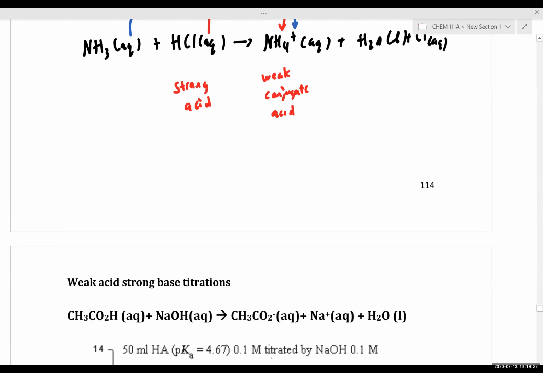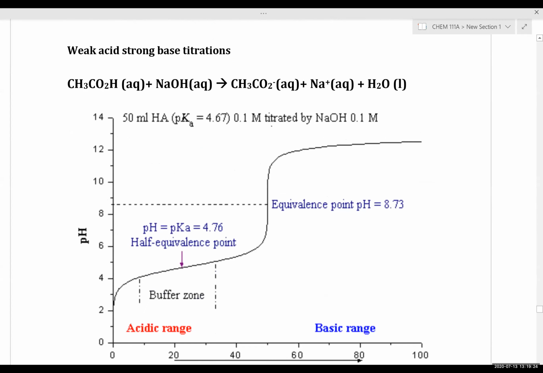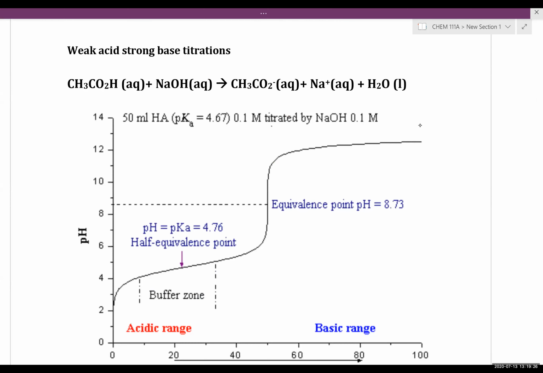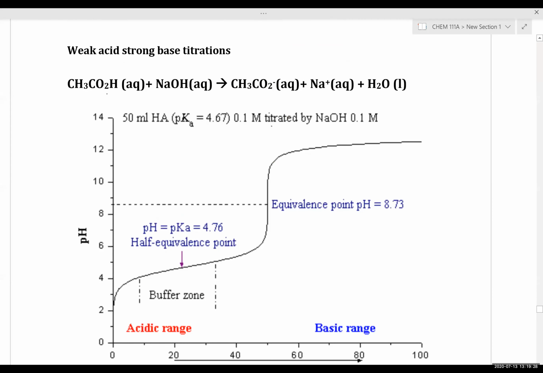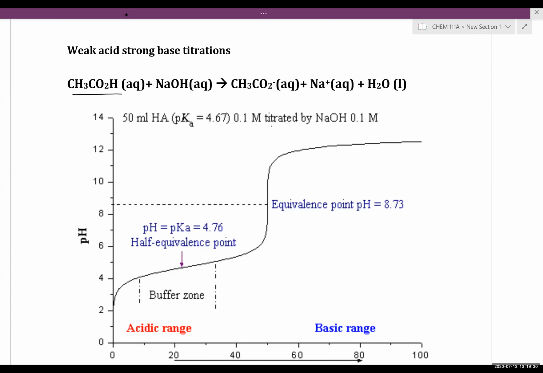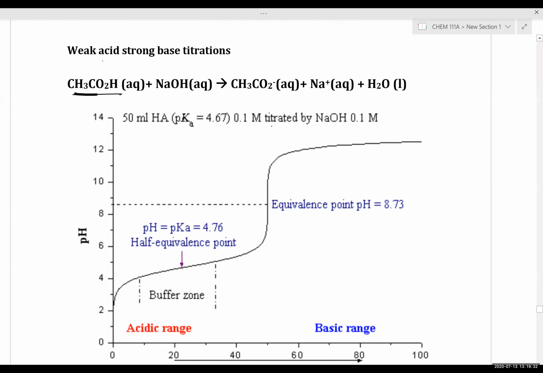Okay, so let's look at an example of a weak acid, strong base titration. This time we're titrating acetic acid with sodium hydroxide to generate acetate and water. So at the equivalence point, or at our endpoint, our pH is greater than 7.